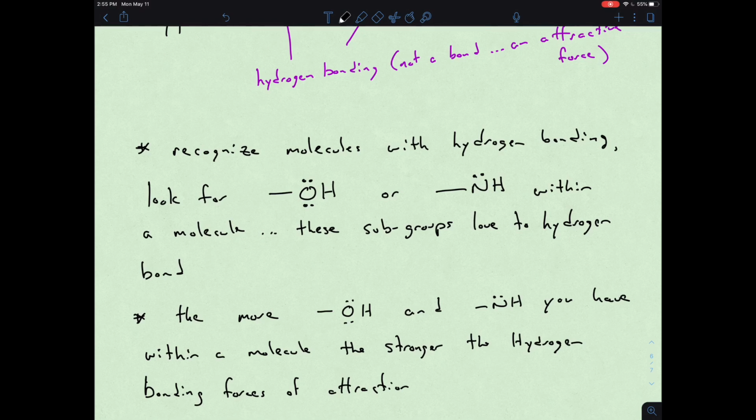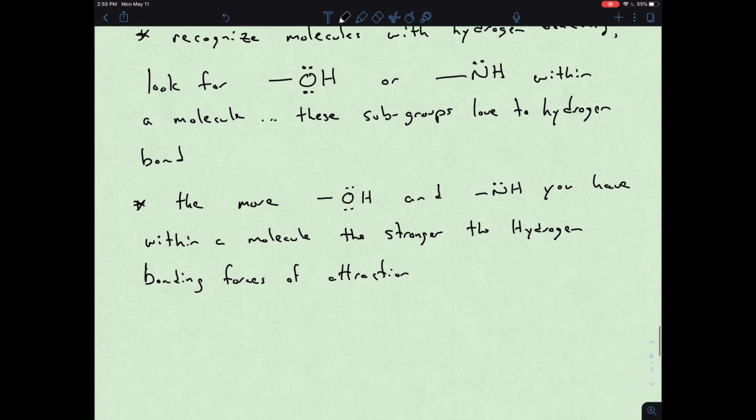So that just has to do with how many hydrogen bonds you can actually make.